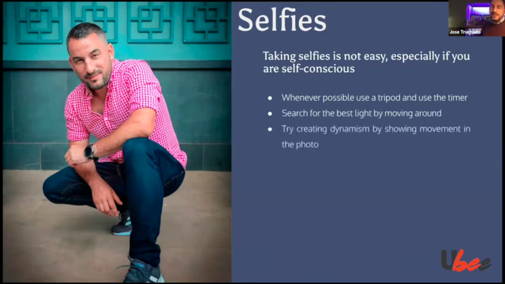And also try creating dynamism in the picture with movement. If you're very self-conscious and don't want to look at the camera, a picture of you moving somewhere, walking, reaching out to something or reading a book, doing these actions will actually create a better and maybe more interesting selfie than if you were looking at the camera.